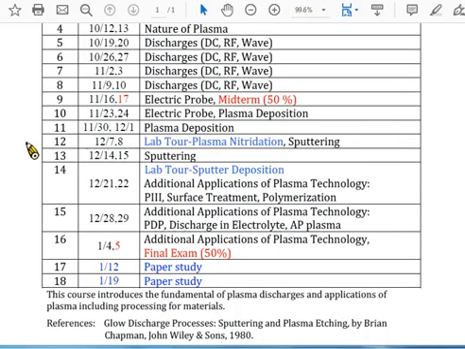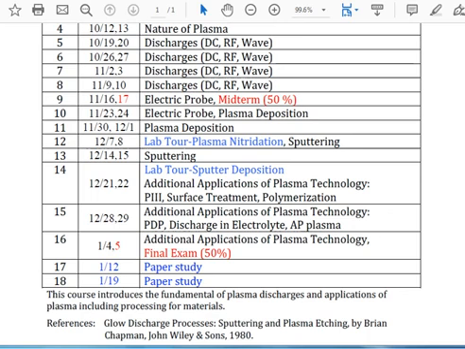In the 12th and 13th weeks, the class focuses on sputtering technology and how we can use sputtering to deposit metallic films, oxide films, nitride films, and even metal sulfide films. In industry, including the electronic industry, mechanical industry, and some environmental applications, people need to make coatings by this plasma technology.